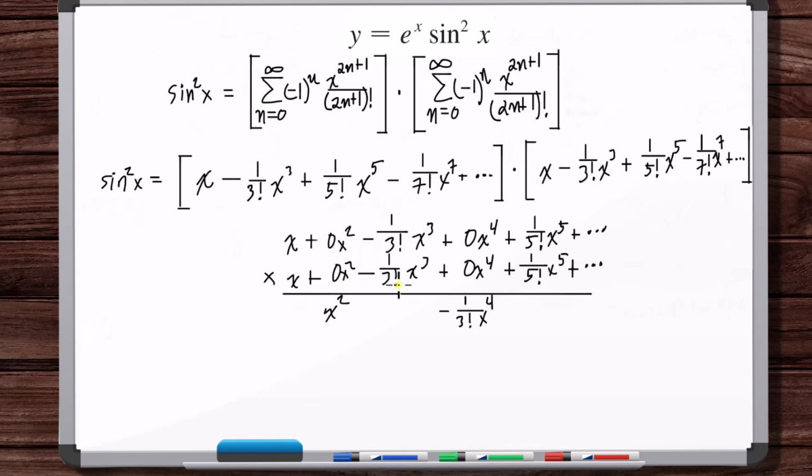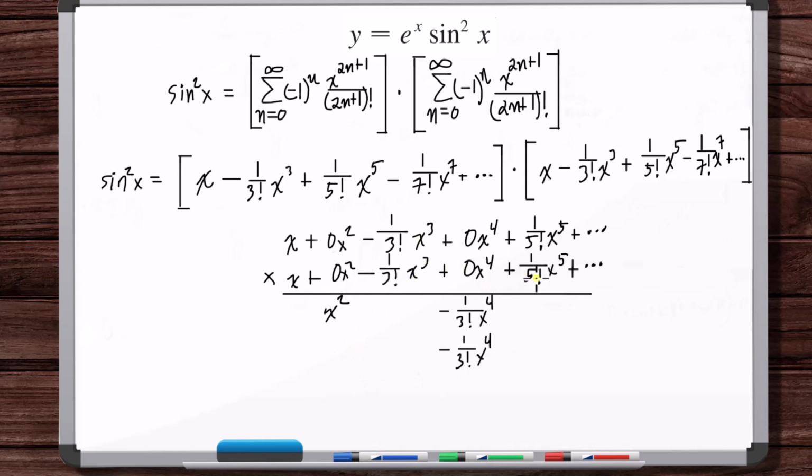Then 1 over 3 factorial x cubed times x is minus 1 over 3 factorial times x to the fourth. Okay. Then this doesn't give anything, so we don't have an x to the fifth term, and then x to the sixth, we're not going that far.